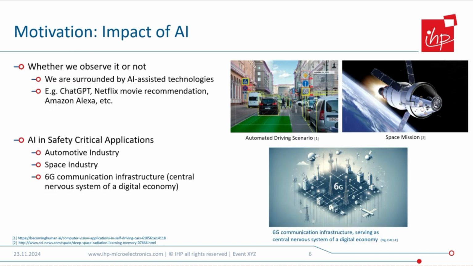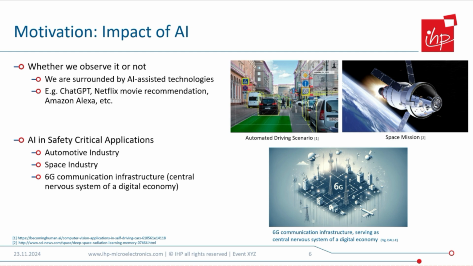So whether we observe it or not, we are surrounded by AI assisted technologies. It has been an integral part of our lives, from Netflix movie recommendation to online ID verification, everything involves the use of AI algorithms. All the ChatGPTs and Amazon Alexas and all of those things are using some sort of AI in one form or the other.